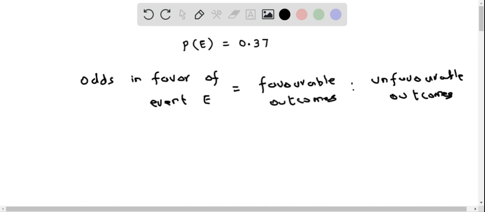So we have to determine the number of favorable outcomes and the number of unfavorable outcomes. Let's see how to determine that using the probability of the event E.